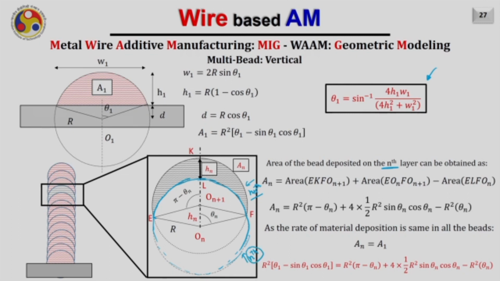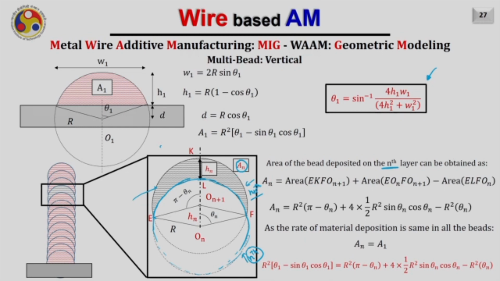For that, our aim right now is to find out first the area of this deposited bead An. First, our aim will be to find out this deposited area An on the nth layer. This area, which is shown here in hatched black color, is the area we are talking about and calling it An. This is the bead deposited on the nth layer.